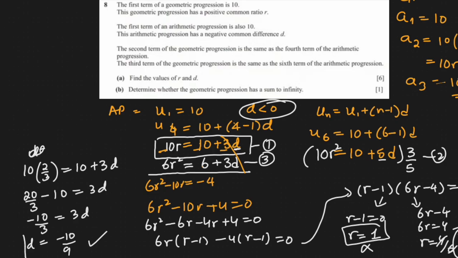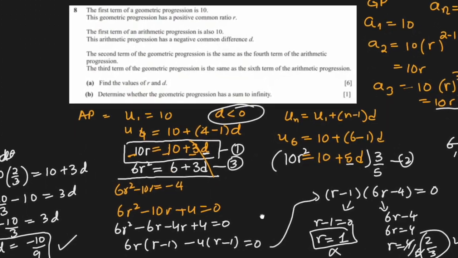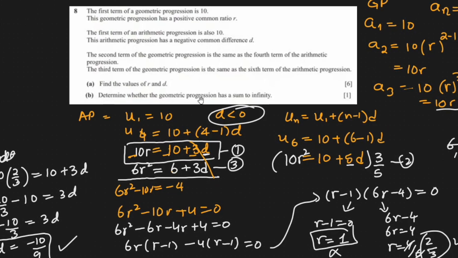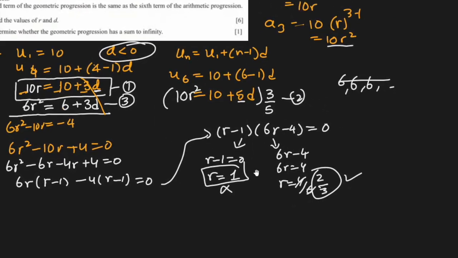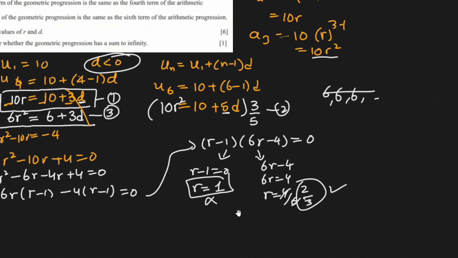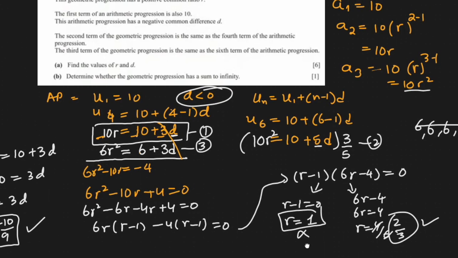So d is minus 10 over 9. r was 2 over 3. In part b, they asked whether the geometric progression GP has sum to infinity. And what is the requirement for GP to have sum to infinity? The r should be less than 1, which is 2/3 here. So definitely it has sum to infinity. Part b is also answered.